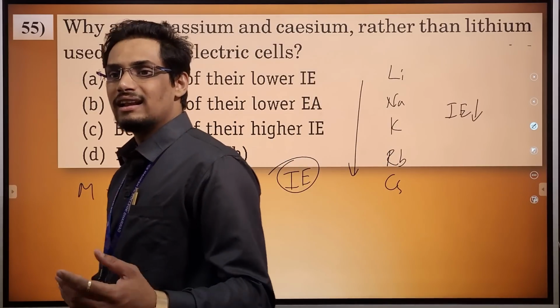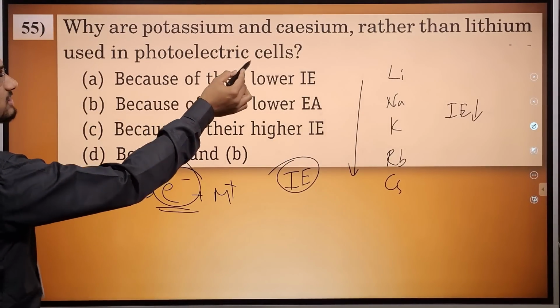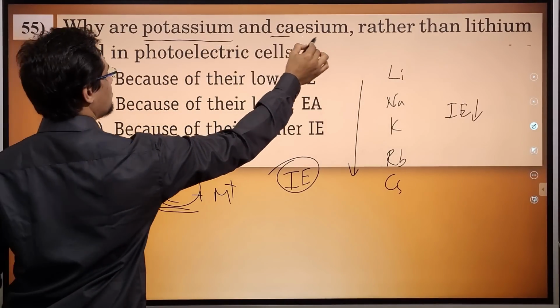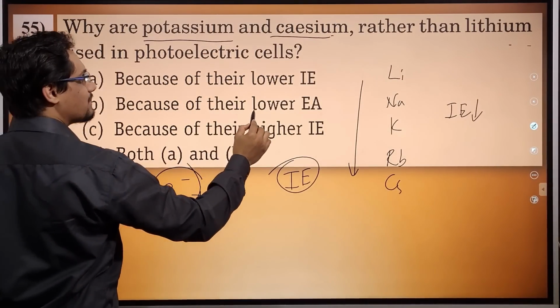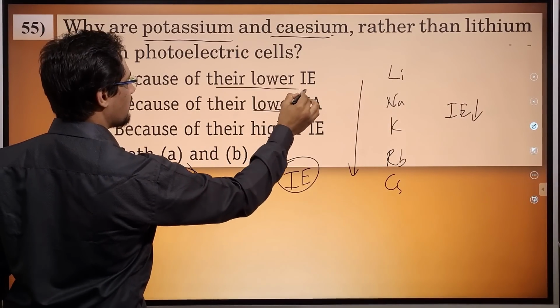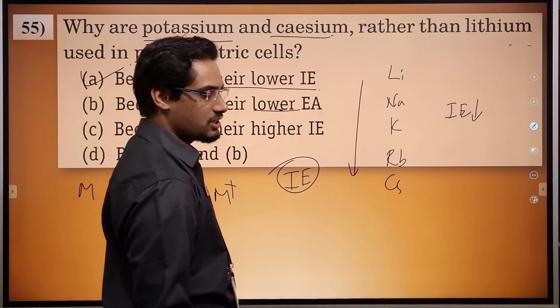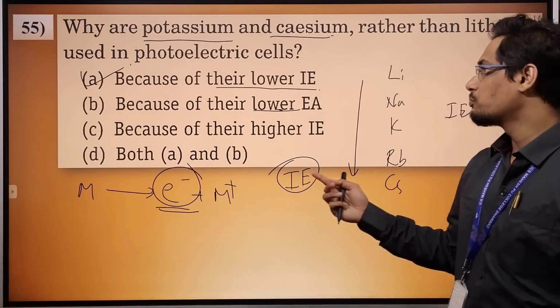So the one with the least ionization enthalpy would be more preferred. Because potassium and cesium have lower ionization enthalpy, the answer is option A.